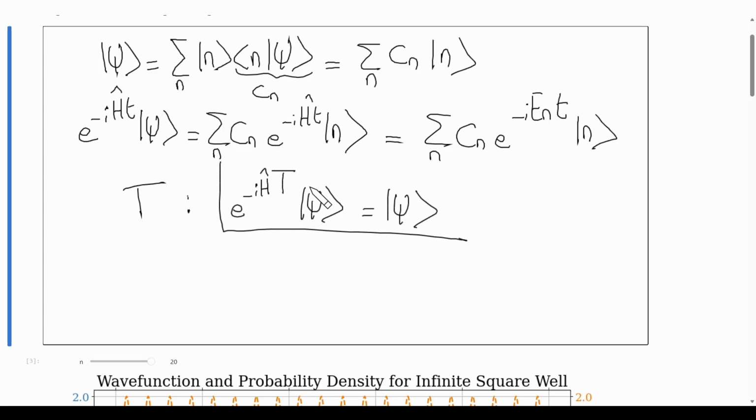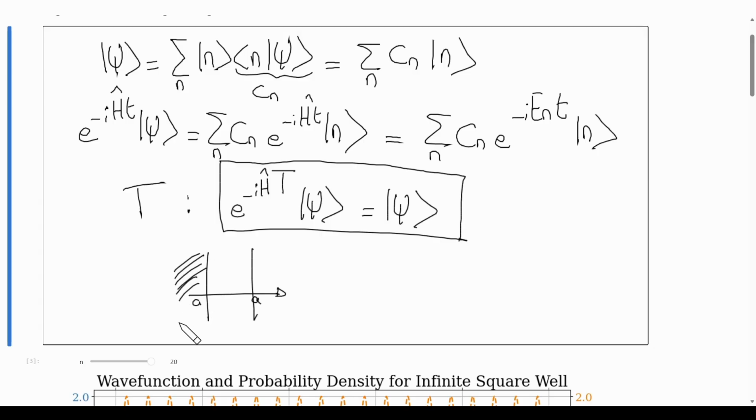Is it possible to have some initial state in our particle in the box?